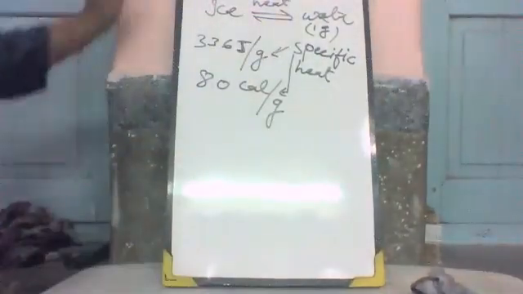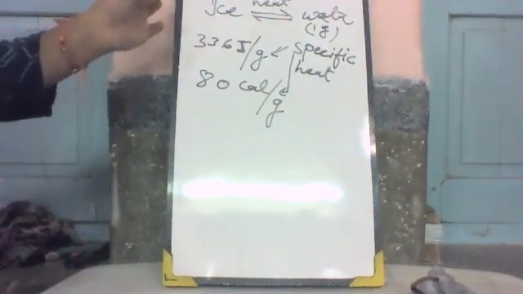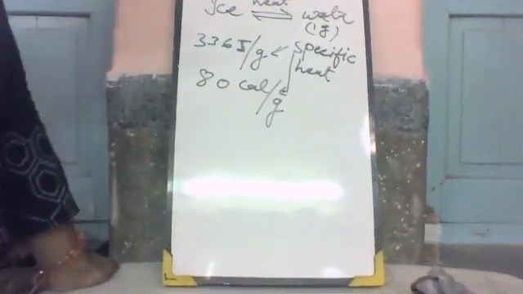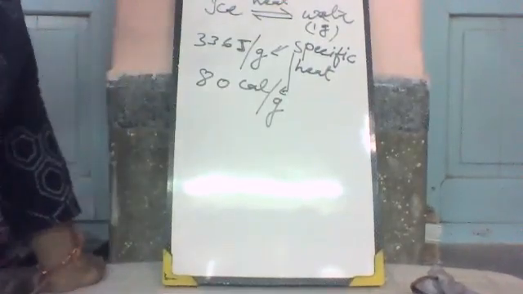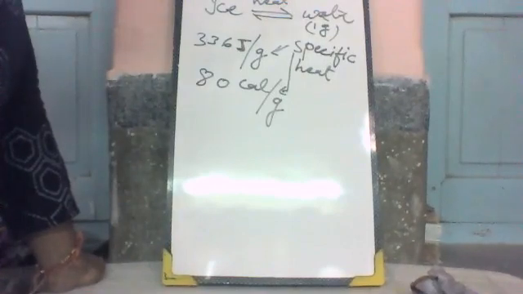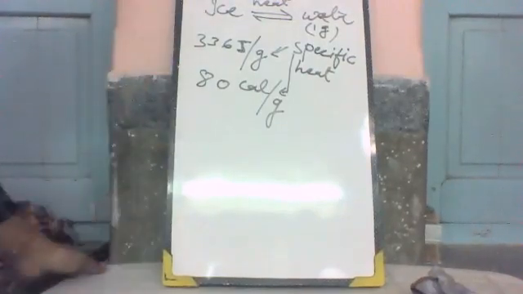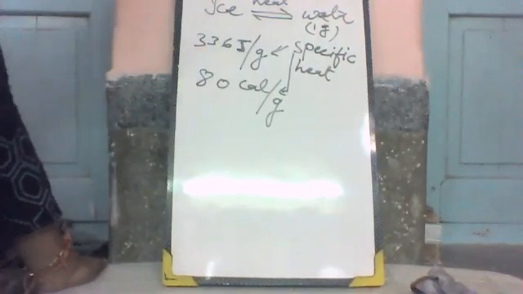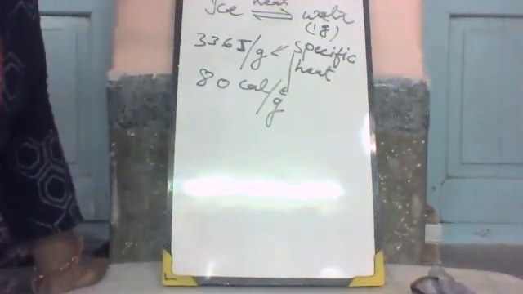If we give 336 joule of heat to ice, it changes into water. This is the specific value of latent heat of fusion of ice. It is on account of the high specific latent heat, the high amount of latent heat of solidification, that lakes and water do not freeze suddenly.